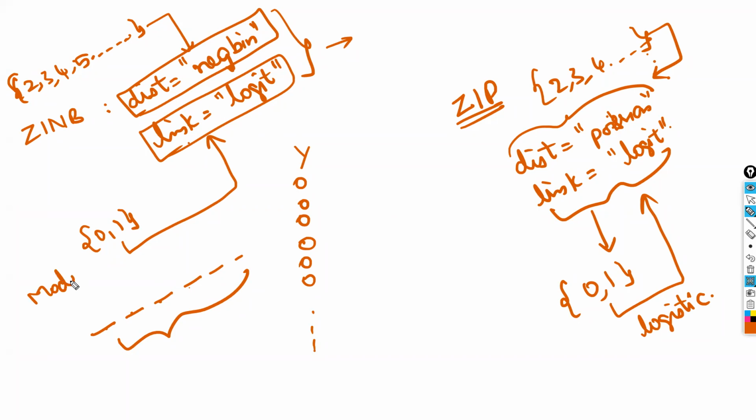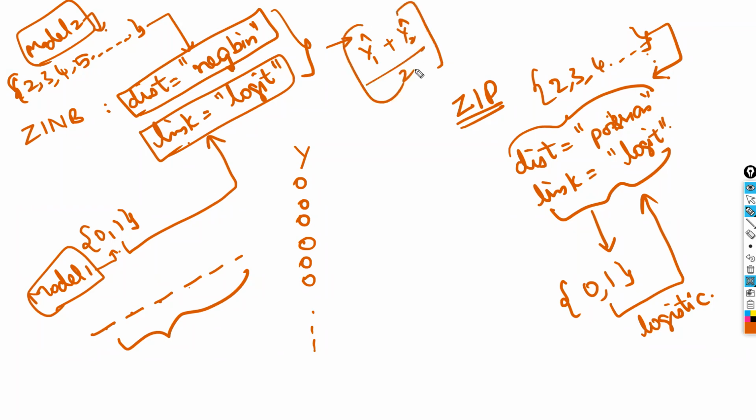You'll get model 1, which will be on this, and you'll have model 2, which will be negative binomial on this data. So supply these inputs to model 1, you get some output. Supply these inputs to model 2, you get another output. Take an average of those two, and you get the final output.